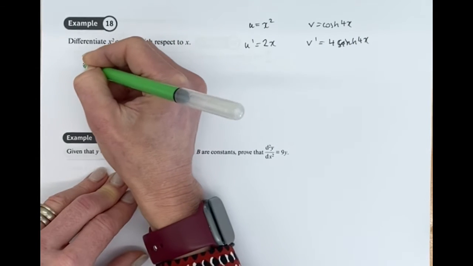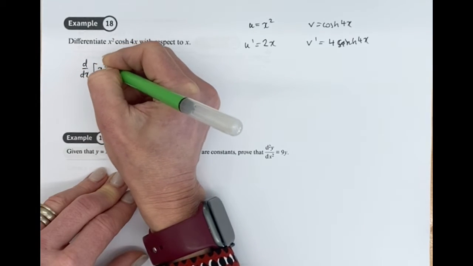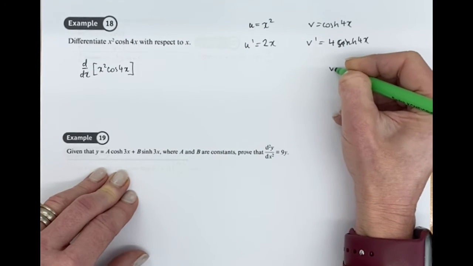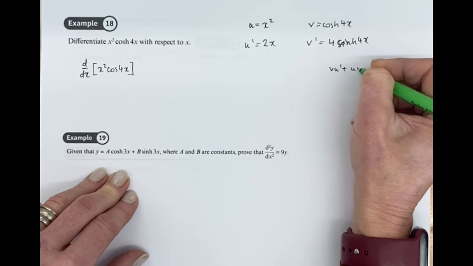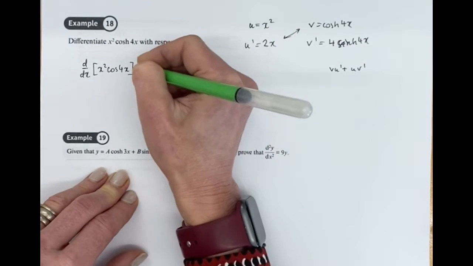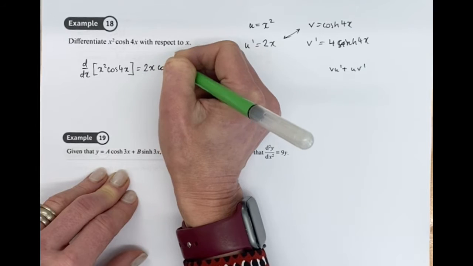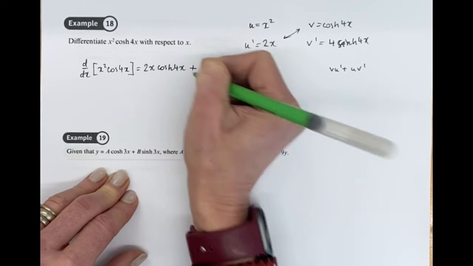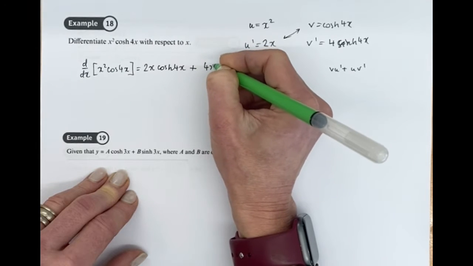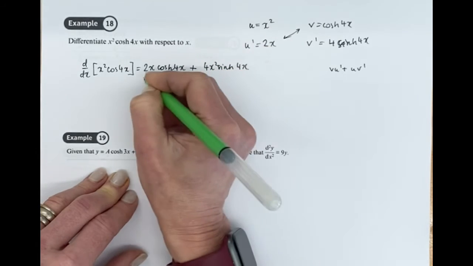So the differentiated answer of the product x squared cosh 4x: remember, it's v u dash plus u v dash that we need to use. So these two together give me 2x cosh 4x plus x squared times 4, which is 4x squared sinh 4x.